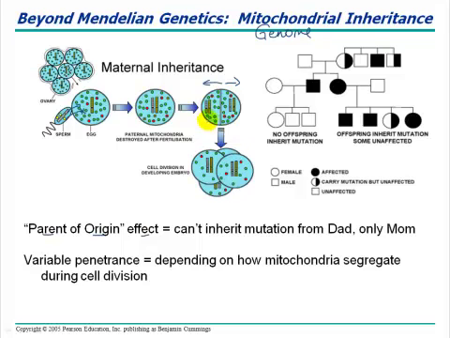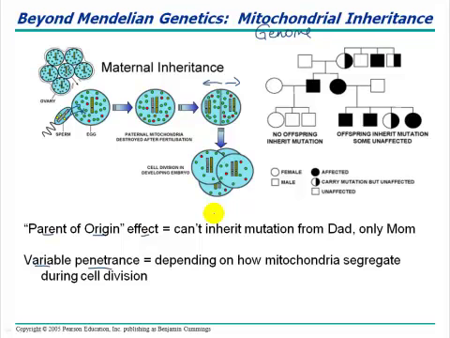So we can have a varying level of inheritance of the mutation itself, and therefore a varying level of phenotypic expression depending on which cells in the body actually inherit the mutant mitochondria. And this is referred to as variable penetrance of the phenotype. And so depending on how mitochondria segregate during cell division, you could end up with most of the cells in the body showing mutant mitochondria and being affected by that, or the converse.